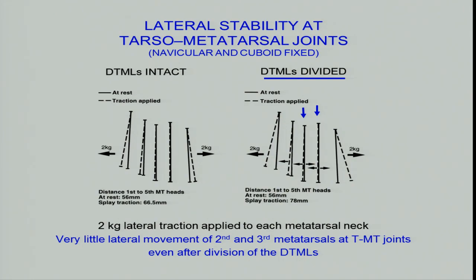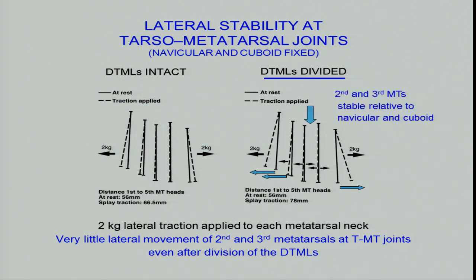The fourth hardly increased, but the fifth, of course, did. So we concluded that the second and third metatarsals had ligamentous stability at their basal joints, which kept them in alignment in relationship to the navicular and cuboid, even if you divided the deep transverse metatarsal ligaments.